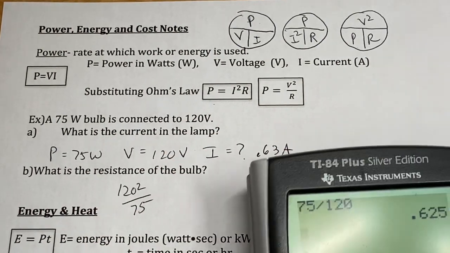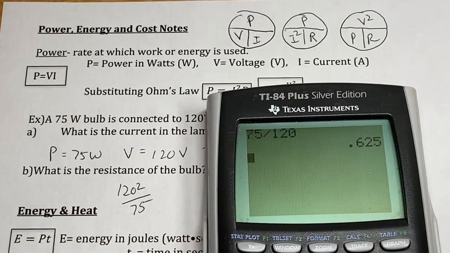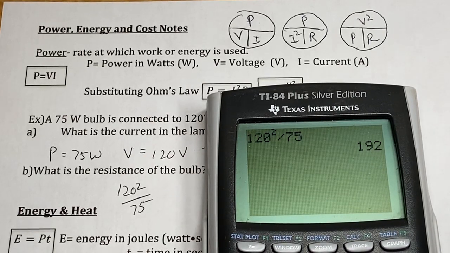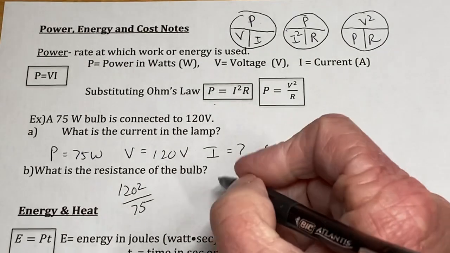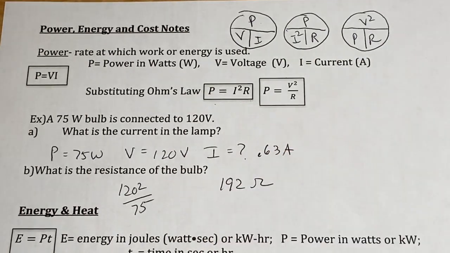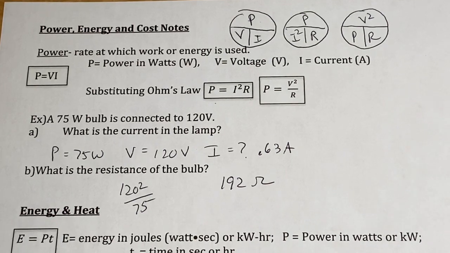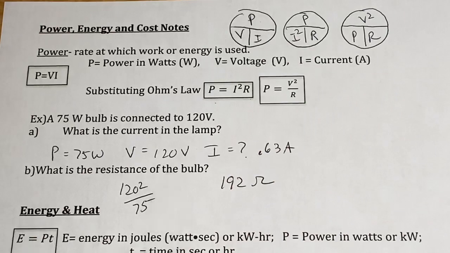See how shortcut they are? So 120 squared divided by 75, I get 192 ohms. Yeah, I know, my omega's not the greatest. So any three of these can be used.